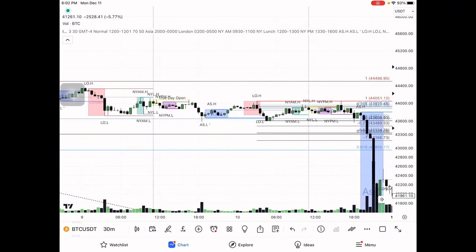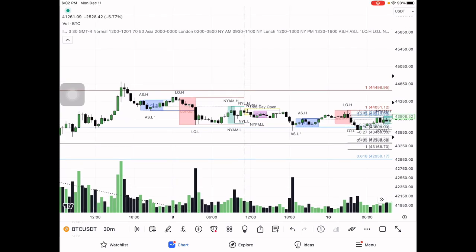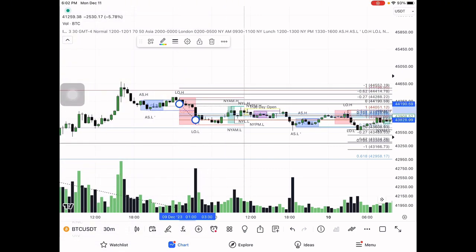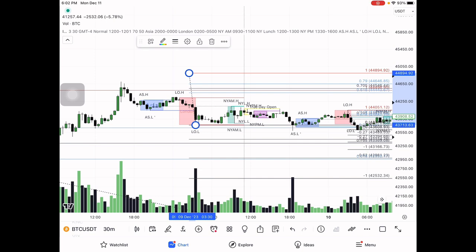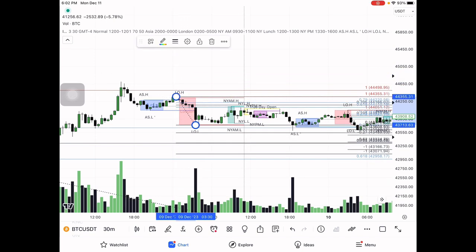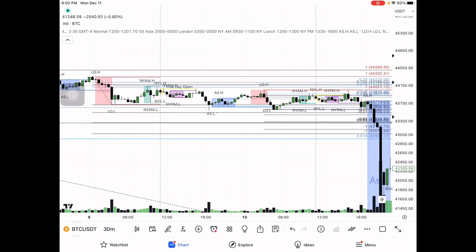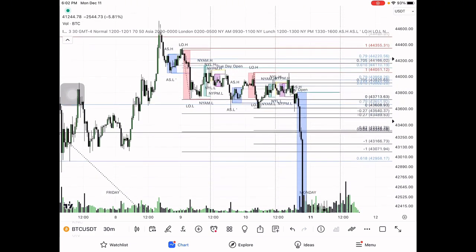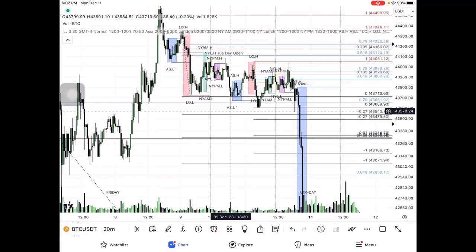So let's go back to the previous day. Asia high, Asia low, took out the liquidity, and then we have the London session. London high, London low, and it traded around here, and then bam, it dropped to 0.27, right?